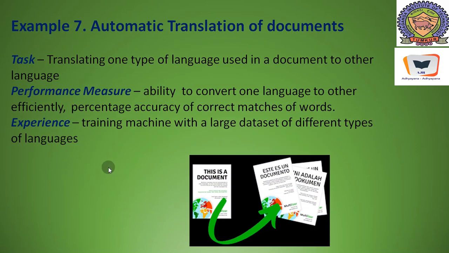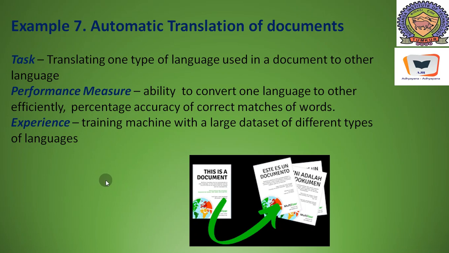Example 7, automatic translation of documents. The task is translating one language used in a document to another language. All these examples I am giving are taken from the literature or the internet, and none of them has been discussed on a rule of thumb.